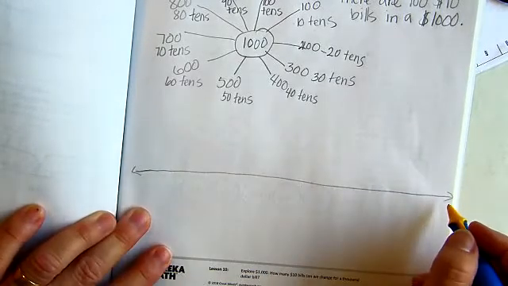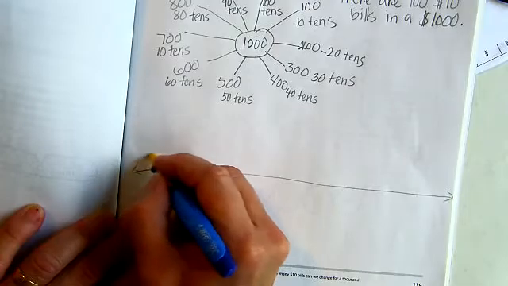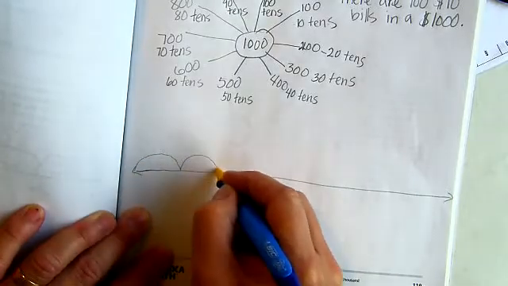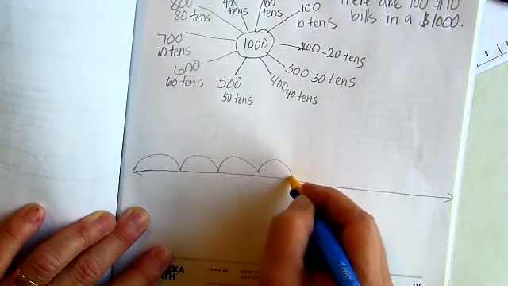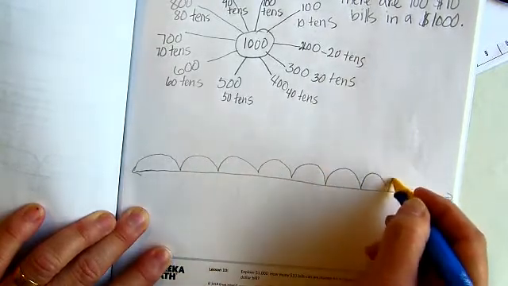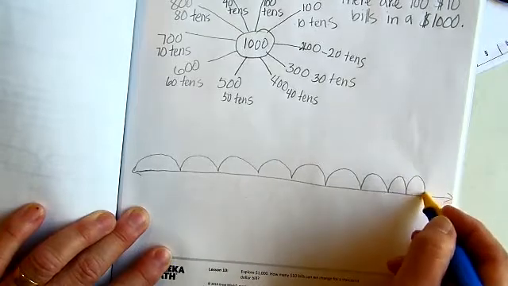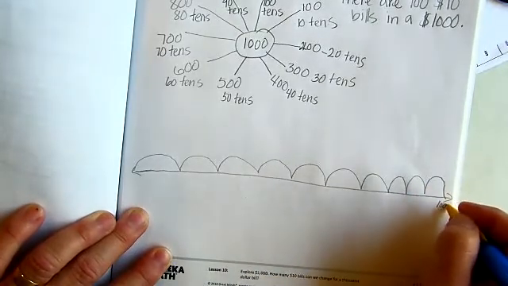So I'm going to get to 1,000. I'm going to count by 100. So 100, 200, 300, 400, 500, 600, 700, 800, 900, 1,000. I almost ran out of room again.